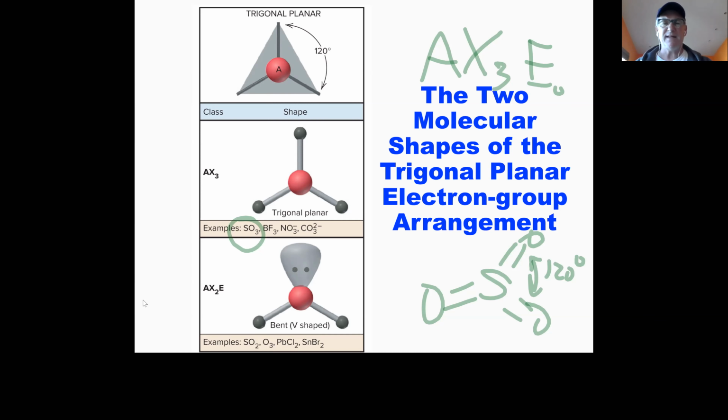And because it's a completely symmetrical molecule, is it polar or nonpolar? Non-polar. Why is that? Because it's symmetric. Right. What does that mean, though?